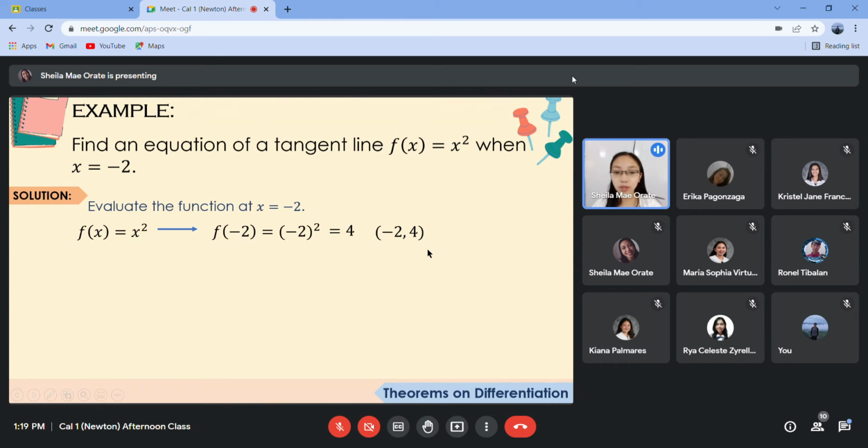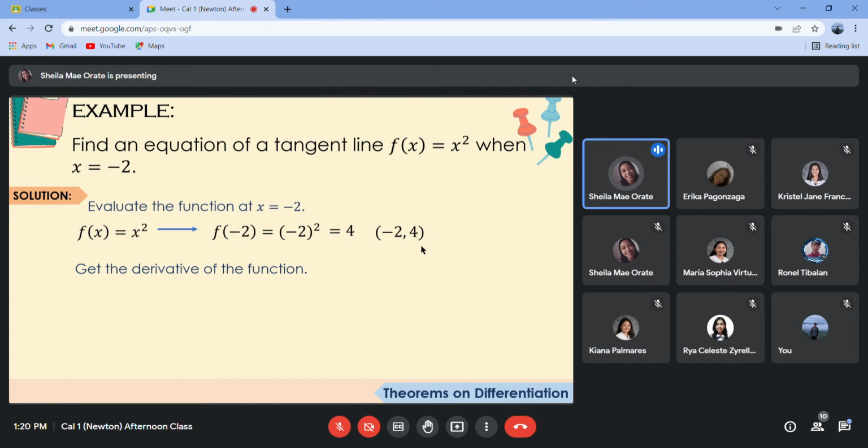The next thing to do, after getting the point: what is missing in finding the equation? What else? Very good, the slope. In getting the slope, of course, we're going to get the derivative of our function. Now, what is the derivative of x squared?